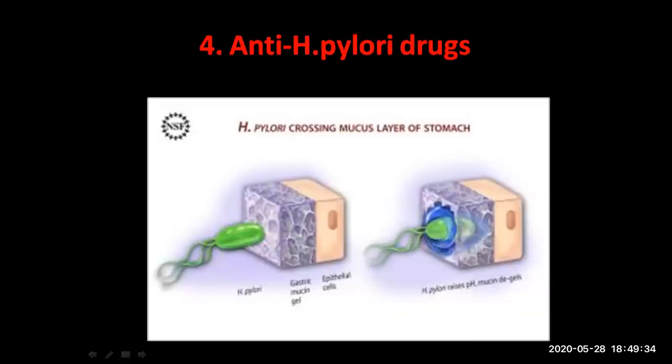How? It produces the enzyme urease, thereby converting urea into ammonia, which forms a coating over the bacterium. Since ammonia is basic, it forms a protective coating around the bacterium, not allowing the acid to act on it. So it lives in the stomach, thereby producing gastric ulcer.